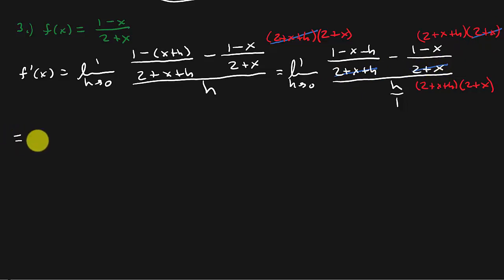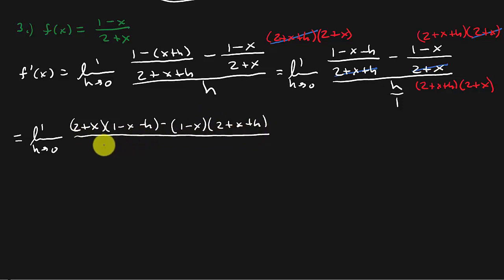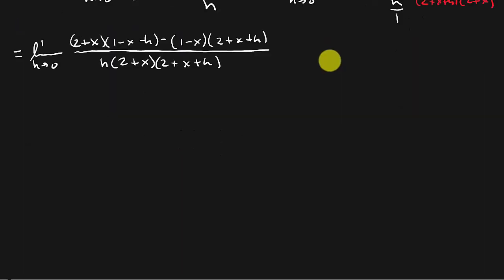All right, so I'm going to get the limit as h goes to 0, and that's going to be 2 plus x times 1 minus x minus h minus, let's see, 1 minus x times 2 plus x plus h over h times 2 plus x times 2 plus x plus h.